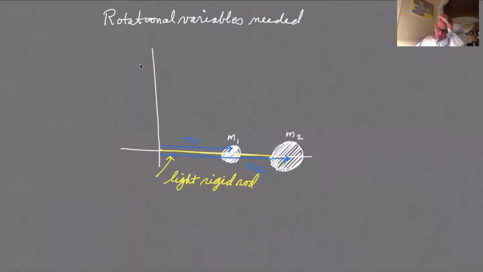And so now we're going to allow these objects to rotate. They're going to rotate about the origin. So here's the origin. And there's an axis that's perpendicular to the XY plane that we're going to consider to be the axis of rotation.